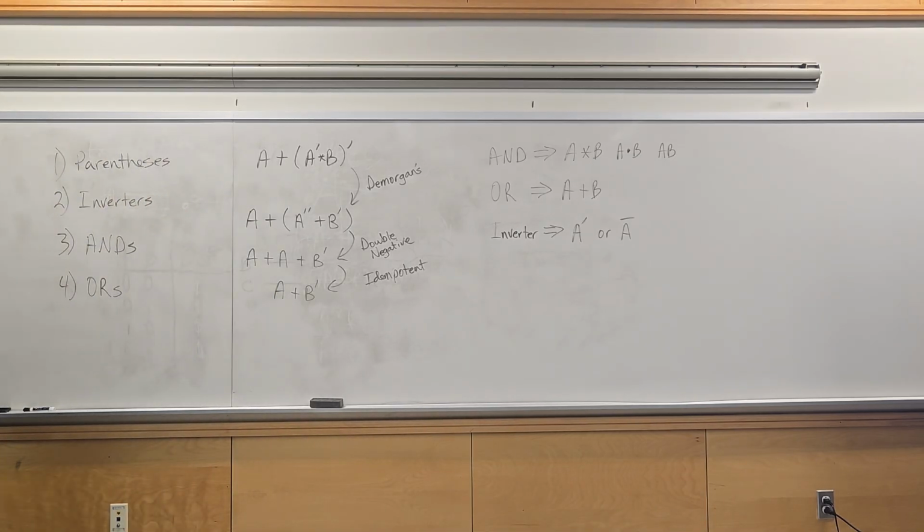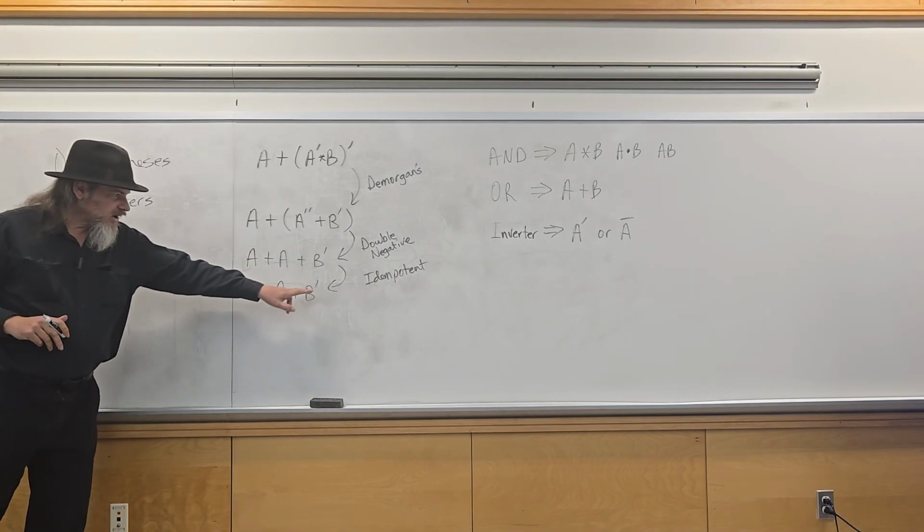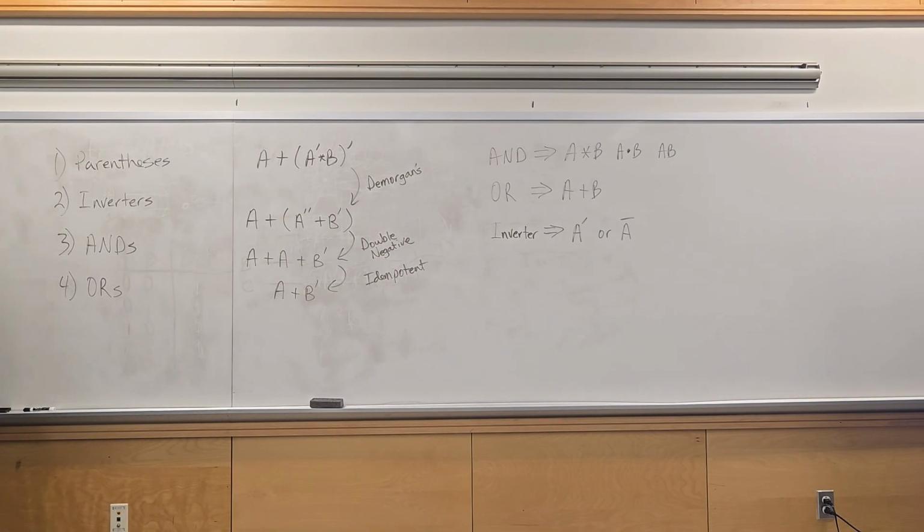A plus A is equal to A. So just simplify the expression to the minimal number of gates. In this case, you have two, the OR gate and the inverter. Okay.